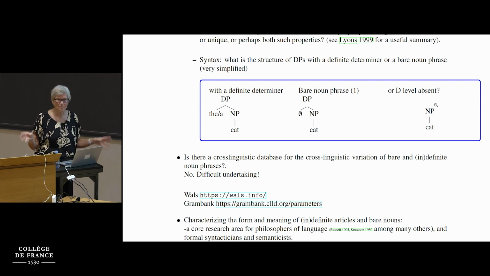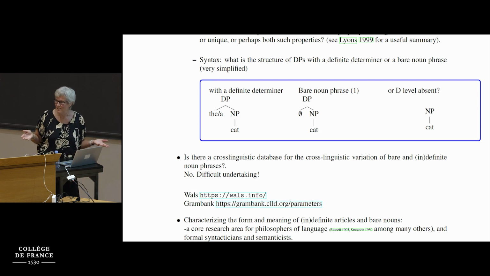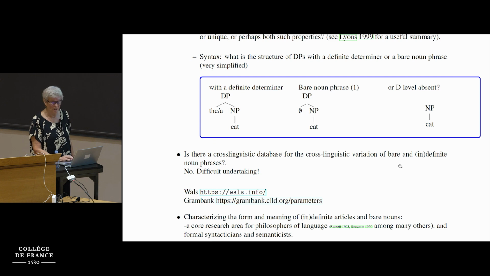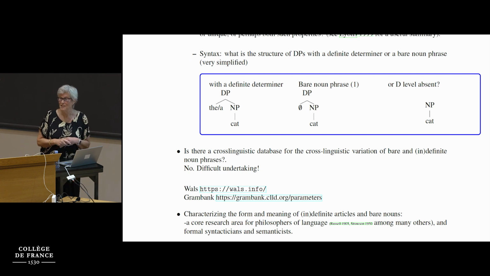So this is one of the problems that we have when you do analyses. If something is not present, you don't hear it. If there is no phonological expression, is it there or is it not there? Right? So good arguments for whether it is there or not, and they are very technical.